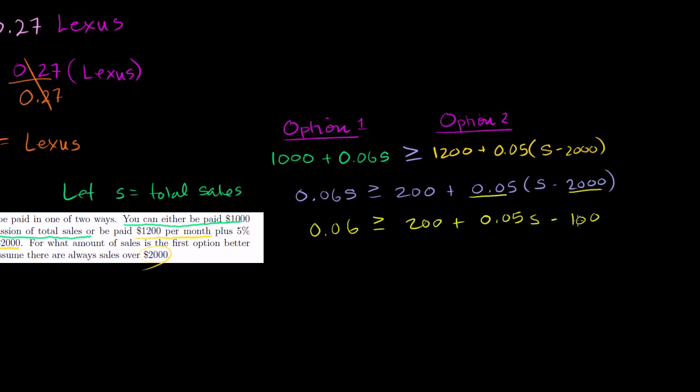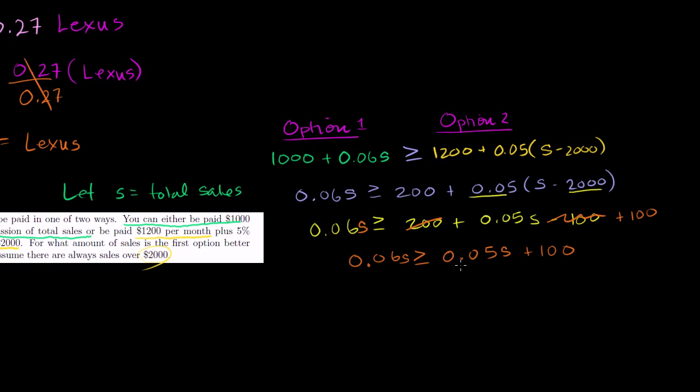We have 200 minus 100. So that just becomes 100, we could just write as plus 100 right there. So our equation is 0.06s is greater than or equal to 0.05s plus 100.